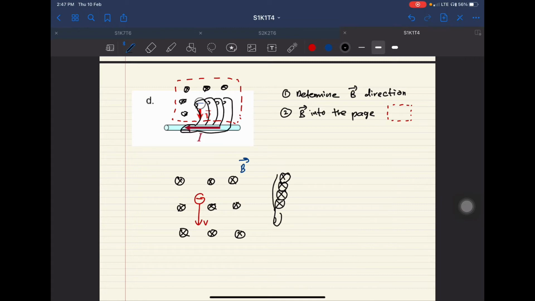So this is your hand, and then since this one is negative, you have to backslap it, so it will be directed to the left. Force is to the left.